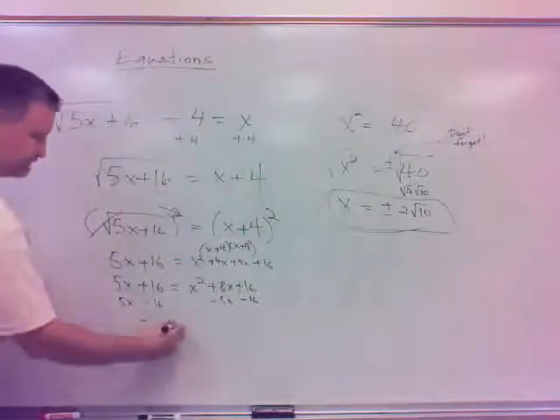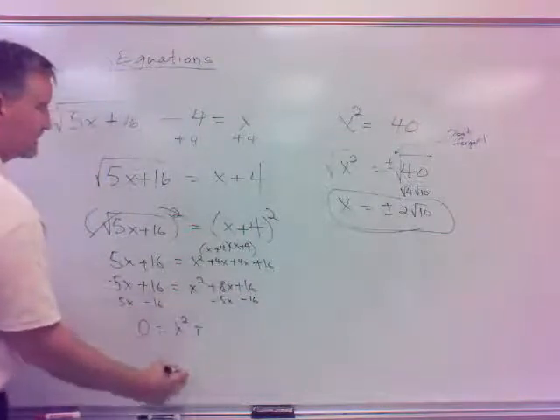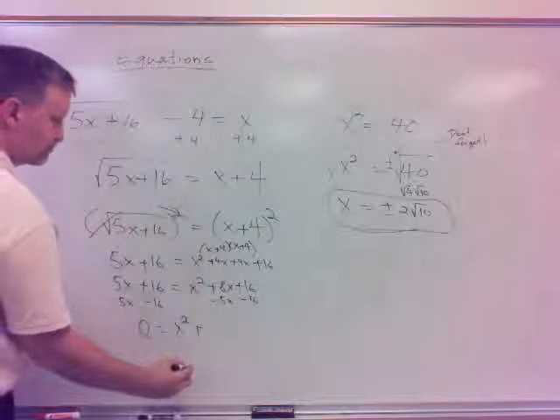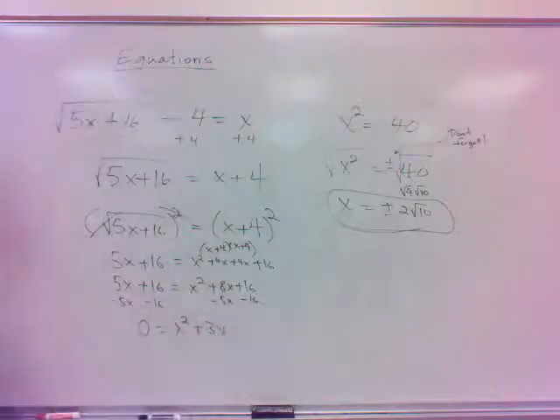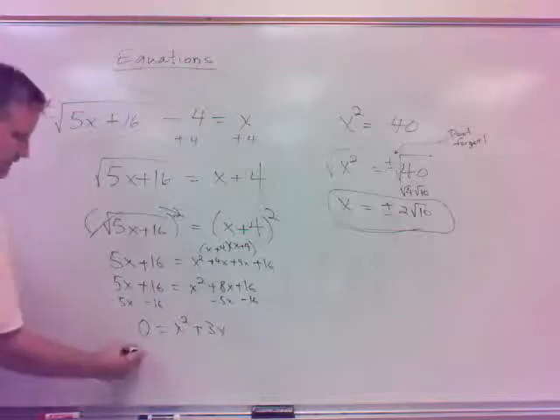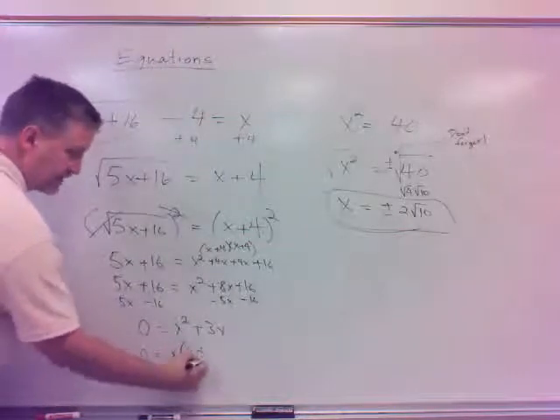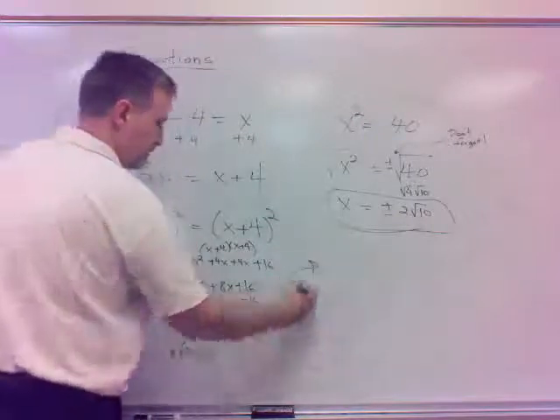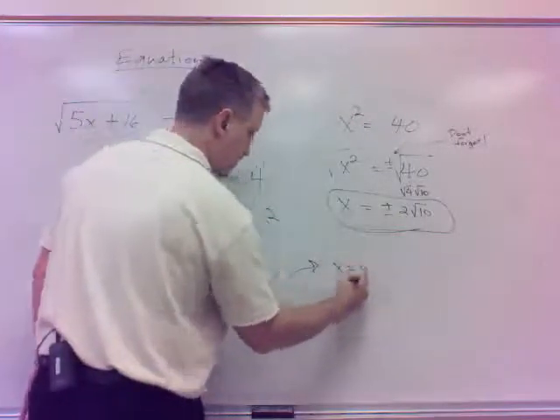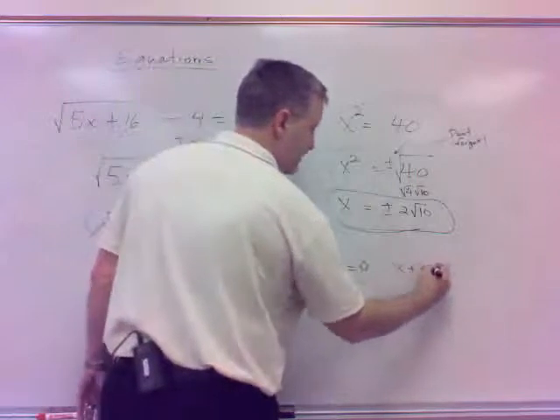So 0 equals x squared plus 3x, because the 16s happen to drop out. Now what can I do to solve that? A little bit of factoring. That has a common factor of x. I'm just going to pull out an x, which makes it x times x plus 3, which would make each equal to 0: x equals 0, x plus 3 equals 0.